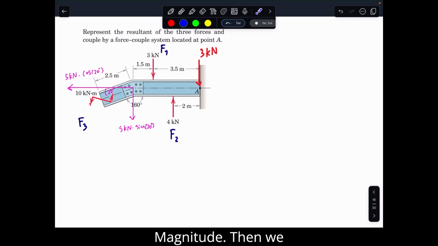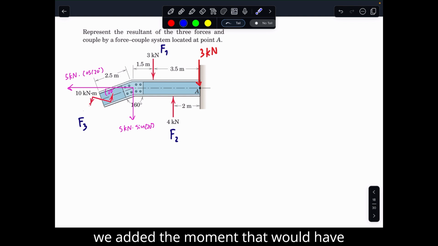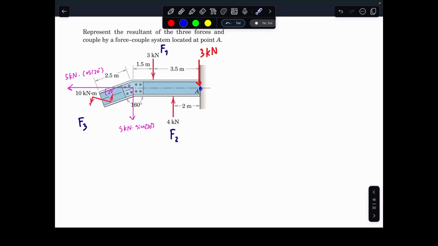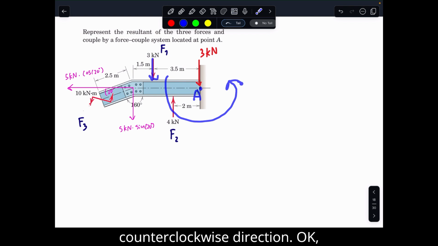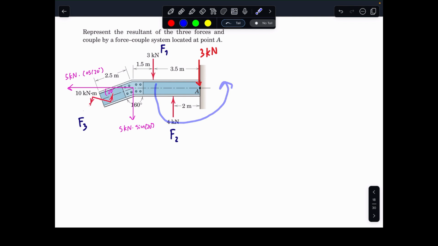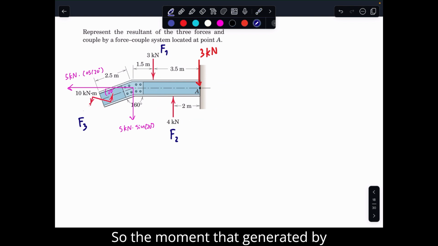Then we add the moment that would have been generated by the force at its previous location. For example, we are interested in point A, right? This force generates a moment in the counterclockwise direction. So when we move the force from here to here, the moment should come with it also. The moment generated by F1, I will call M1.